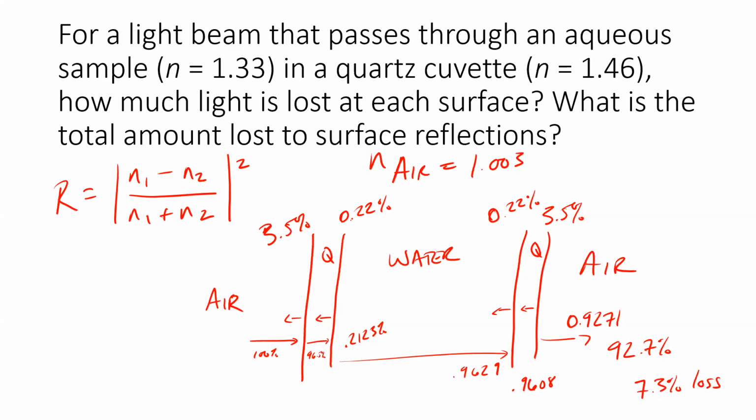And so this is why we need UV-vis instruments that have a relatively powerful light source, right? We're losing already almost 10% of our light just from having something in the way, not even whatever's being absorbed by our sample. And so again, this is why we need to be real sure that we actually have a blank in there when we're doing our background, because we want to account for this 7.5% loss. Right?